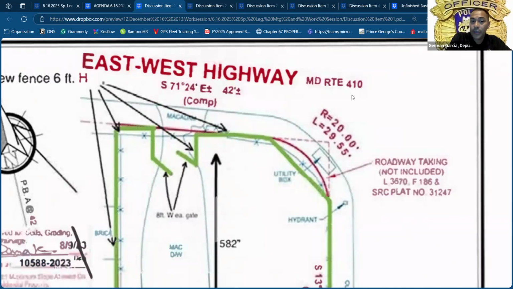Or in a situation where you have an emergency vehicle come into that intersection and there are other vehicles in front of them, and these vehicles are expected to move out of the way, potentially driving into oncoming traffic from East-West Highway. So that could be a big hazard.